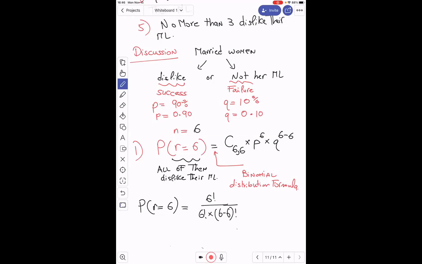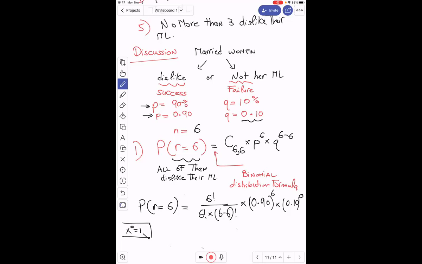Of course, 6 minus 6 is 0, so that's 0 factorial, and as I said, 0 factorial is just 1. Times P, the probability of success, that's 90% or 0.90, so 0.90 to the power 6, times Q, which is 0.10 to the power 6 minus 6, which is just 0. And remember, guys, x to the power 0 is equal to 1.